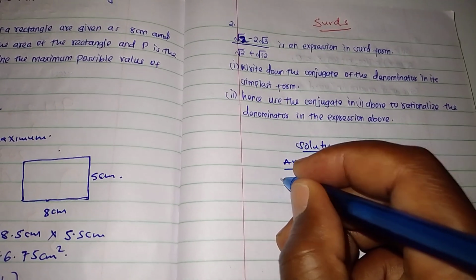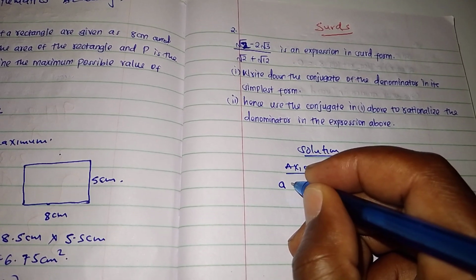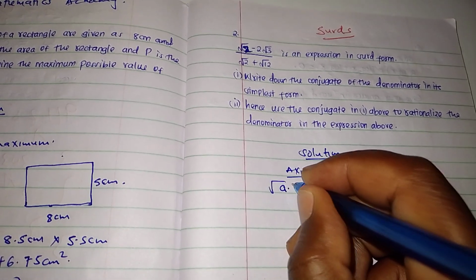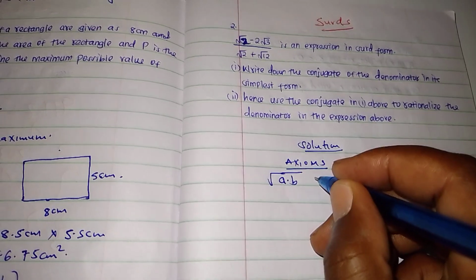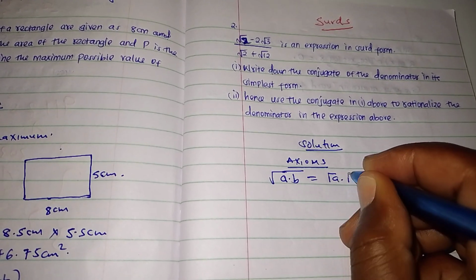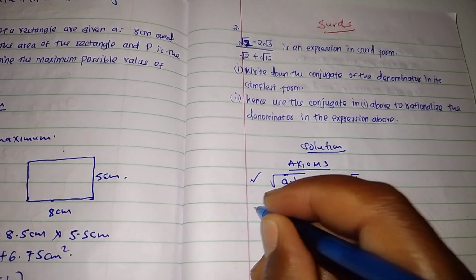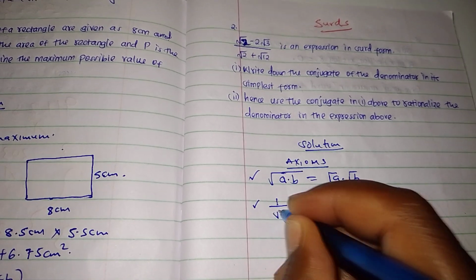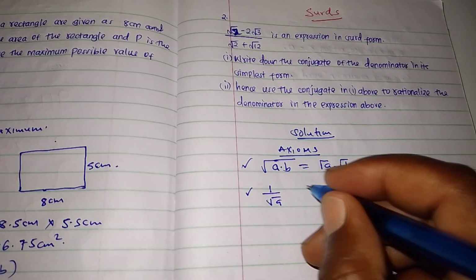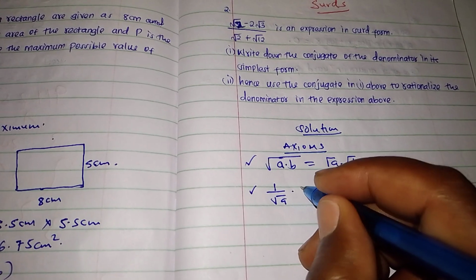If you have, let's say, square root of A times B, that's the same as square root of A times square root of B, that's 1. If you have 1 over root A and you have been told to rationalize the denominator, you're supposed to multiply by the conjugate.